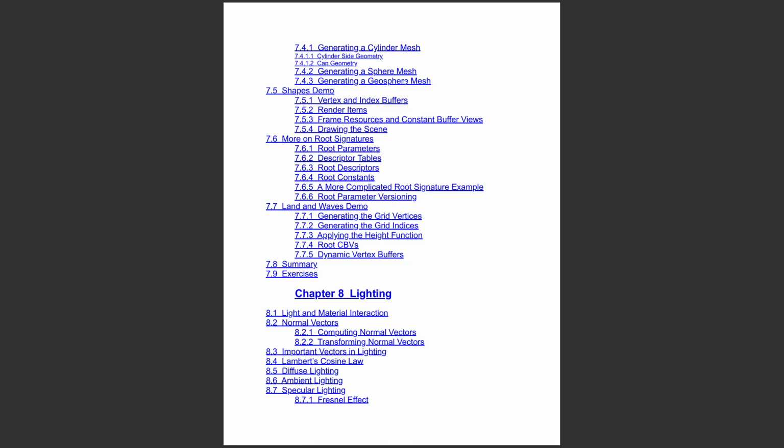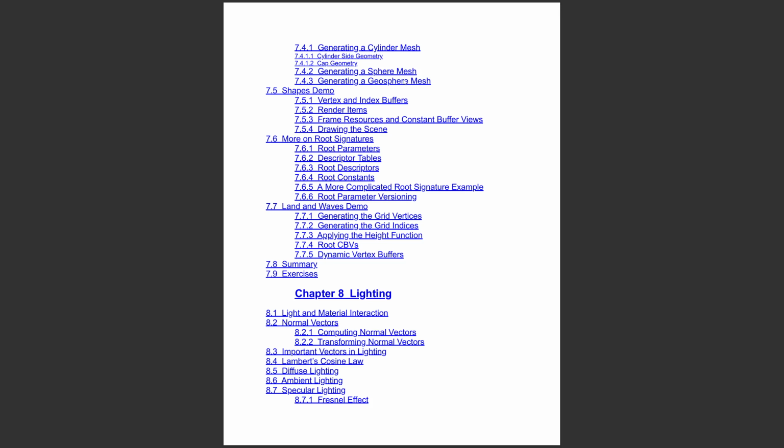But Chapter 7 ends with some summary and exercises. With Chapter 8, lighting, we'll be talking about light and material interactions, and we're going to get started into material-based lighting methodology. I guess we're going to be talking about a little bit of the physical properties of optics. And we will be talking about normal vectors and how to compute them and how to transform these normal vectors.